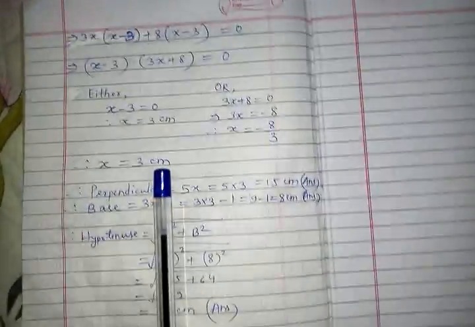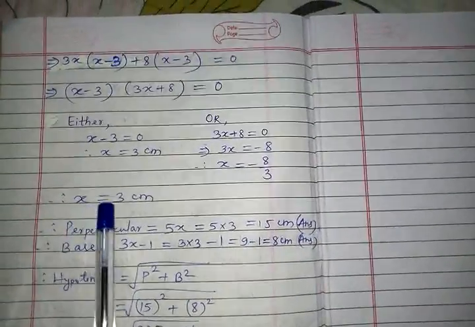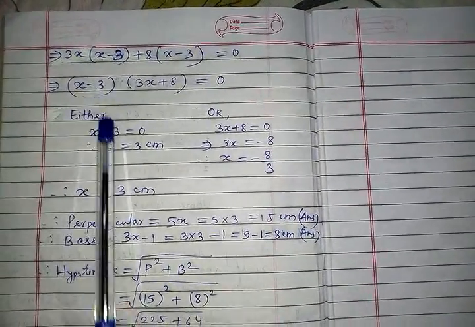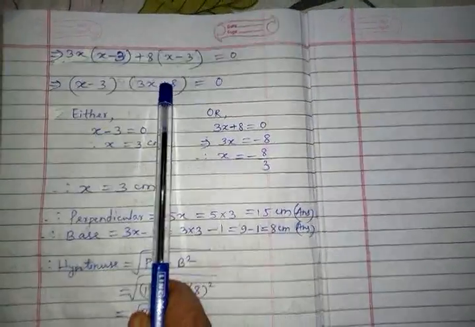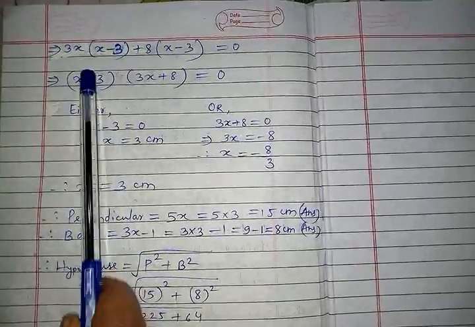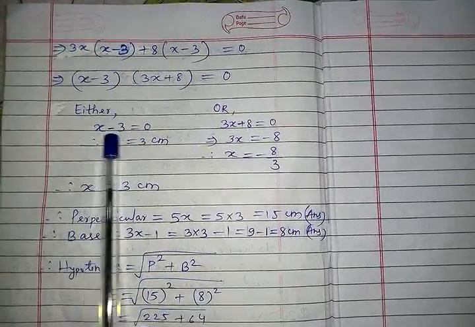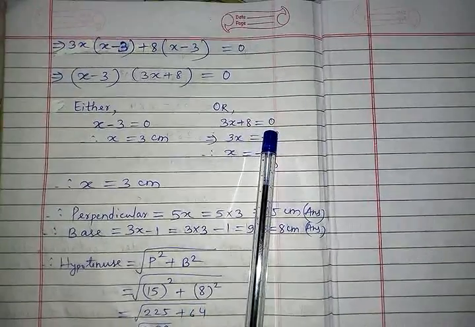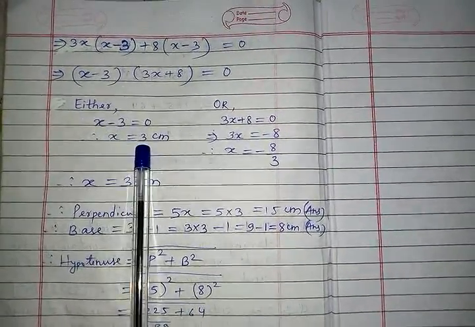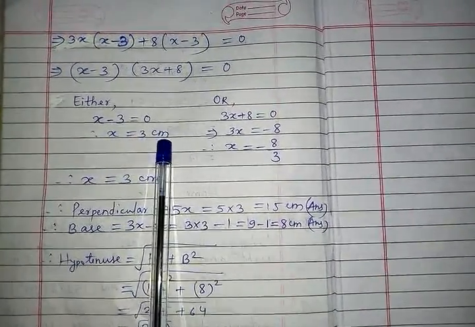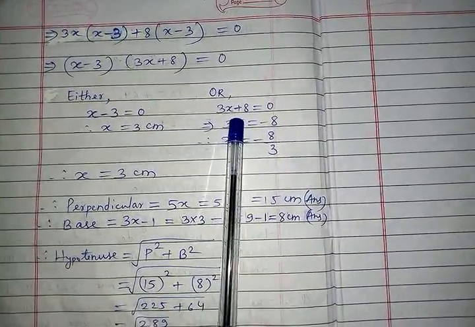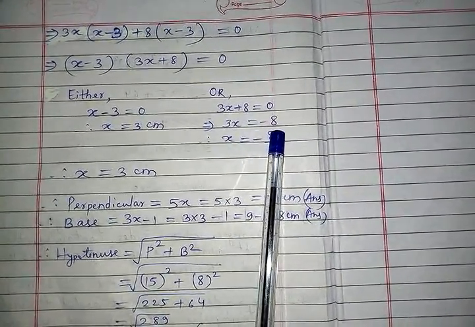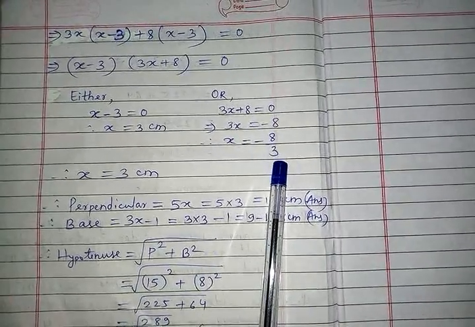After this position, as we are going to find the value of x, we will write either and or. In either we will write the first one, and in or we will write the second one. First expression: x minus 3 equal to 0, and 3x plus 8 equal to 0. From here x equals 3 centimeter, because minus 3 goes to the other side as plus 3. And from here 3x equals minus 8, so x equals minus 8 by 3.